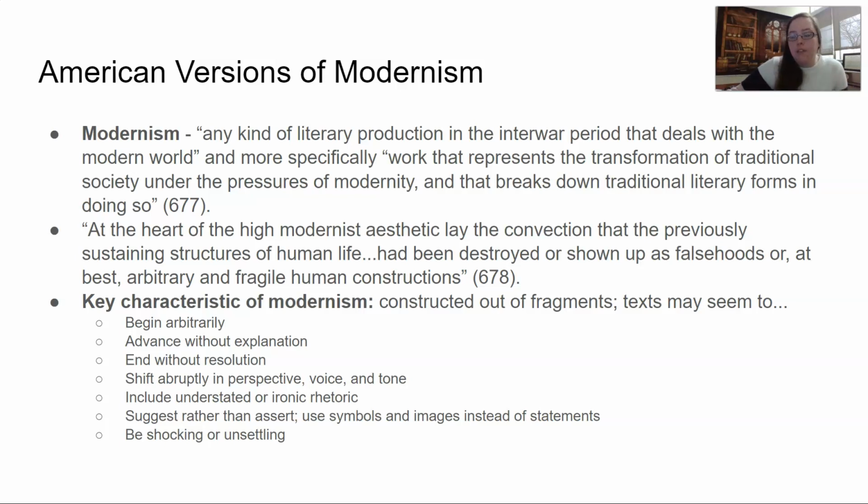A lot of the texts that we're going to read from now on, even past 1945, give us this feeling of disillusionment. And that's why we're starting our unit with Robert Frost's Nothing Gold Can Stay, because I feel like it really covers the idea of disillusionment. But this quote here on page 678 is really an underlying concept of modernism.